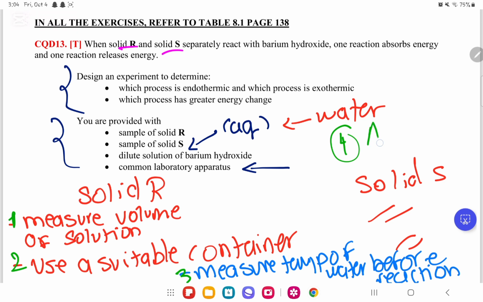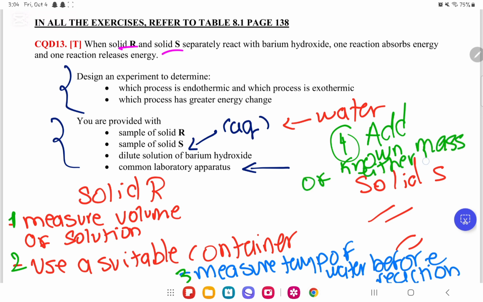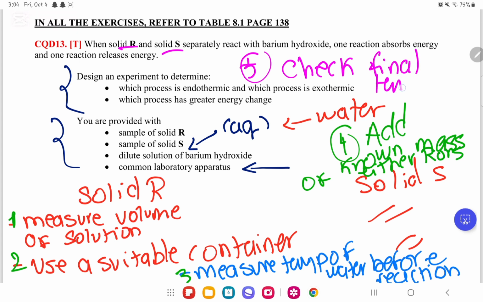We will add a known mass of either solid R or solid S. And then finally, step 5, we are gonna check final temperature of water.